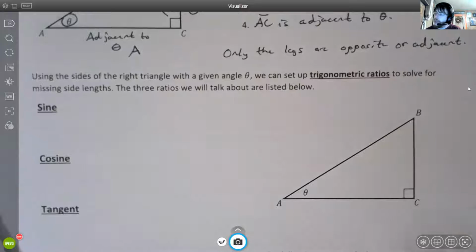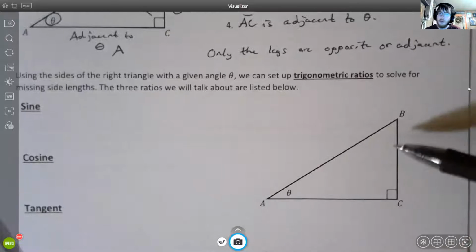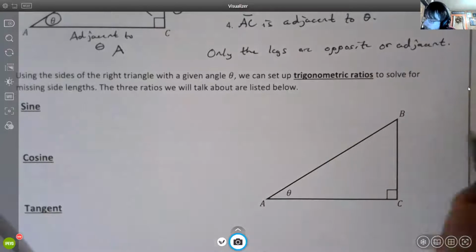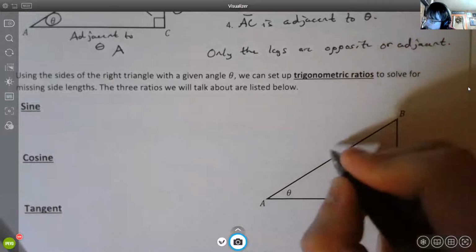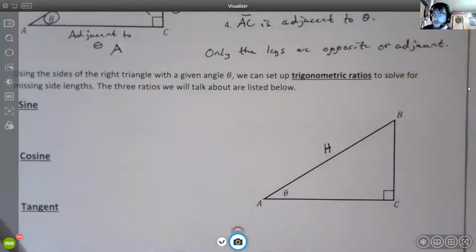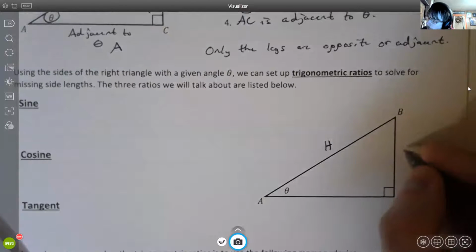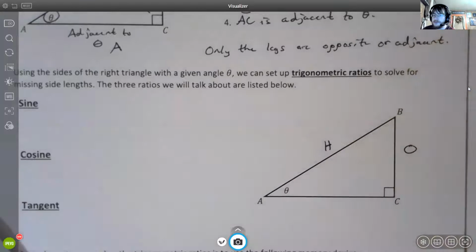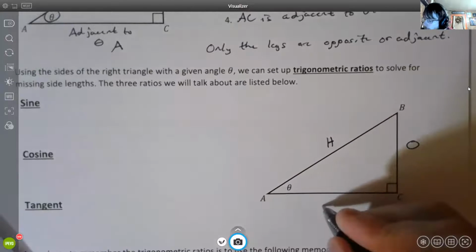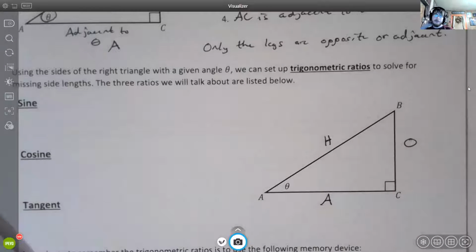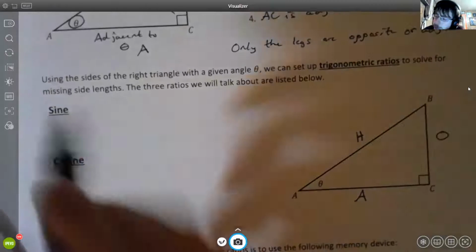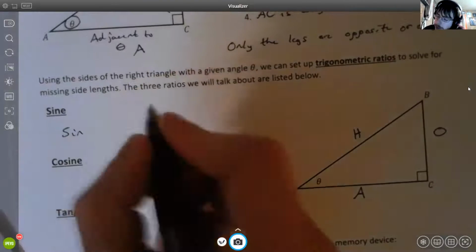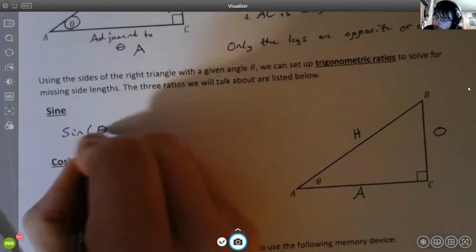Okay, so we have an identical graph to what we had up here. So we said that BA was our hypotenuse, H. BC was our opposite side, and AC was our adjacent side. So the first one we're going to talk about is sine. And sine, the way we write it, we write SIN, parentheses, theta.